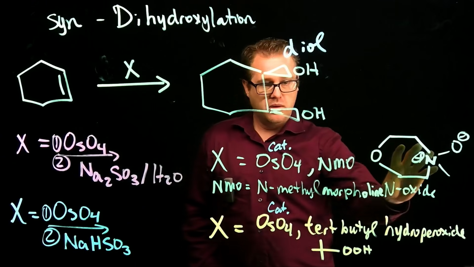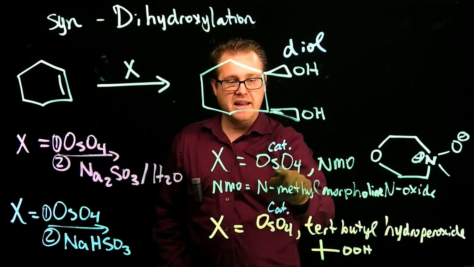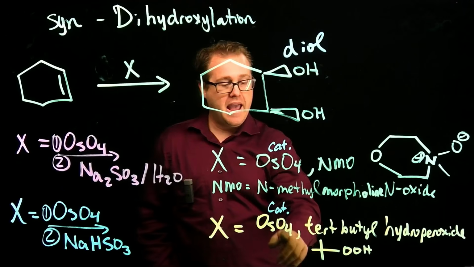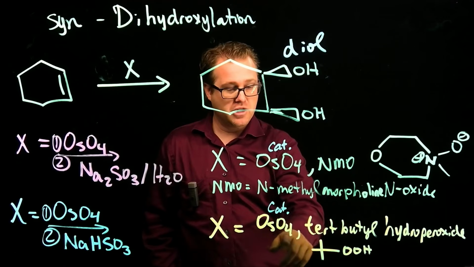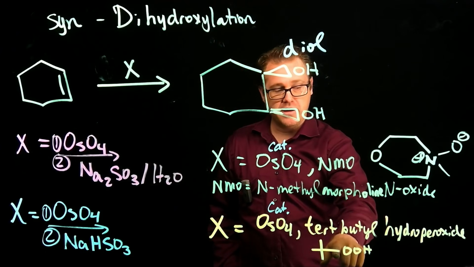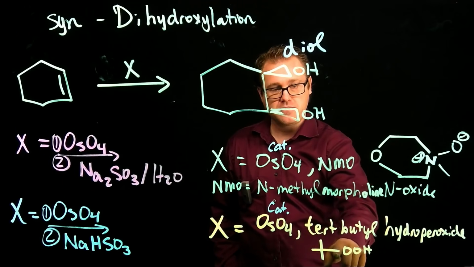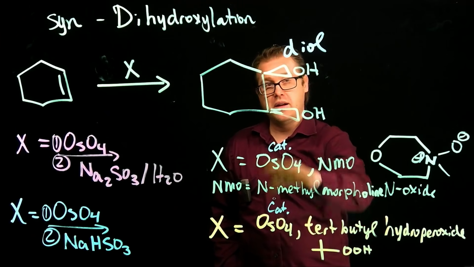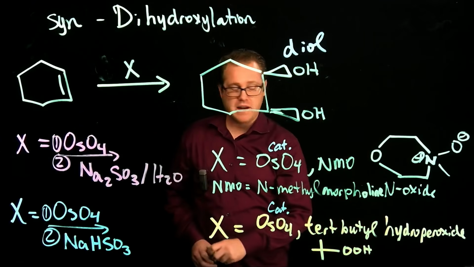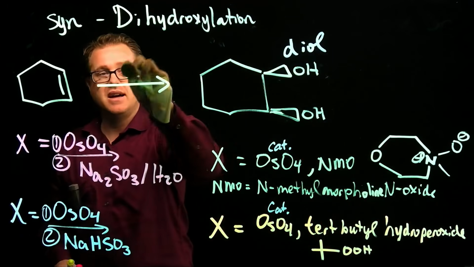And when you do these reagents, you get the same product. It's just now we're using less of the expensive osmium tetraoxide. And another thing you could do, shown in orange here, we could use this tert-butyl hydroperoxide right here to do the same transformation. So those are 4 reaction conditions to generate our syn diol.